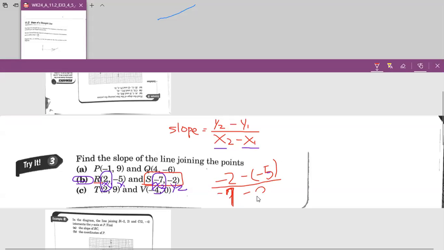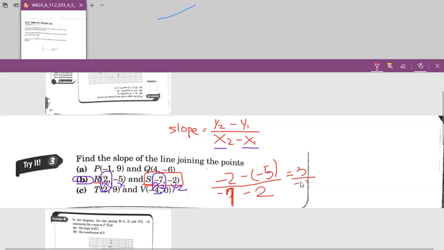So our slope of RS will be -2 minus -5, which is -2 plus 5. So this will be 3. And then -7 minus 2.